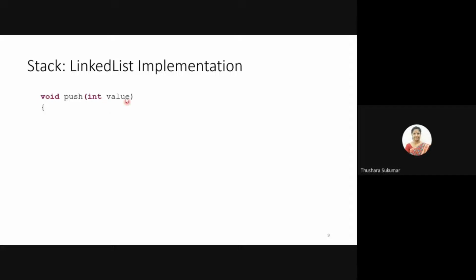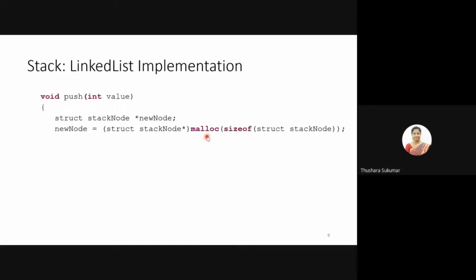Value is the data to be inserted into the stack, and when the value comes, there should be a node. Since this is a linked list implementation, we have to create a node, and some memory should be allocated dynamically using the function malloc of the size struct stack node. So that new node is created, and then the value will be inserted into the data part of the new node.